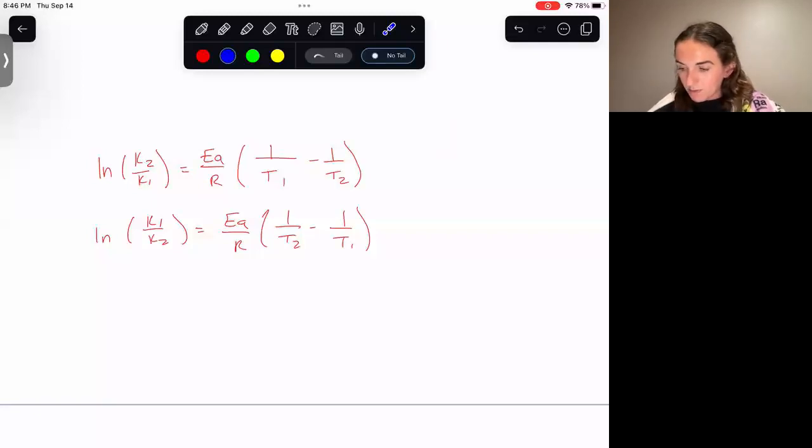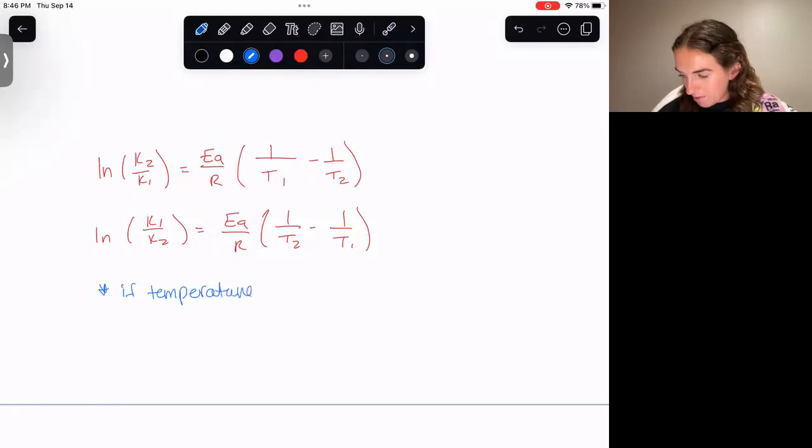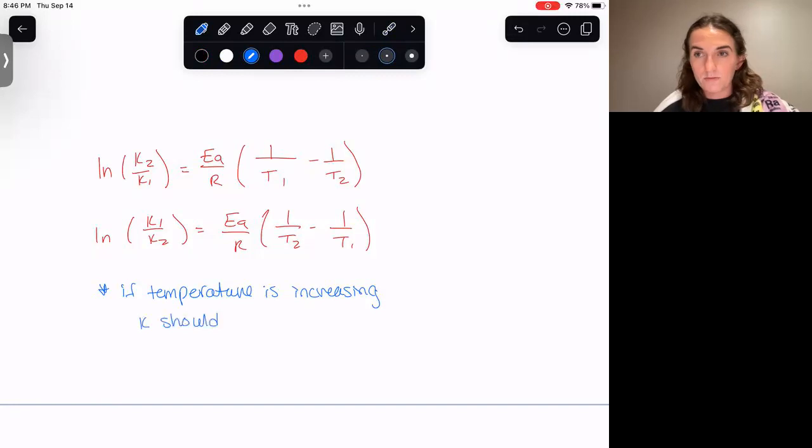And one thing you always want to check for is if temperature is increasing, what do we expect K to do? What should the value of K do if temperature is increasing?